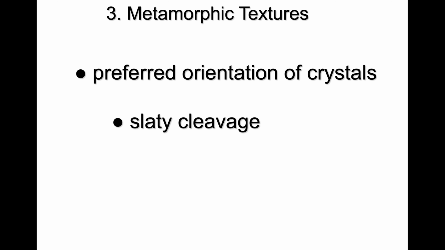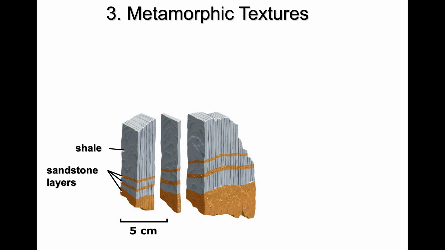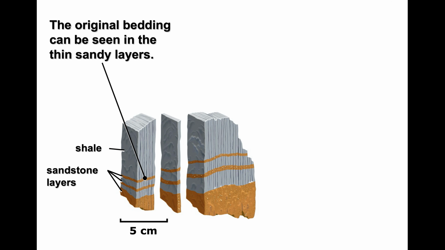So we can have a slaty cleavage, we can have a foliation, like it is shown here in this hand specimen. We have here again the shale, that is the grayish material, and we have the sandstone layers between. Therefore the original bedding can be seen in the thin sandy layers.